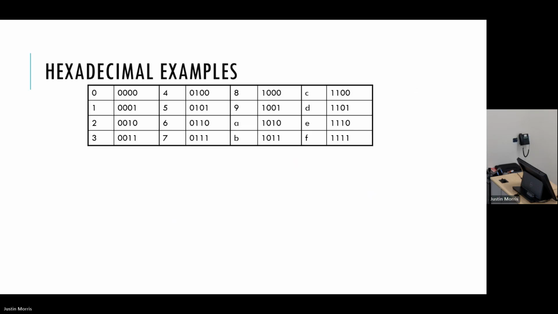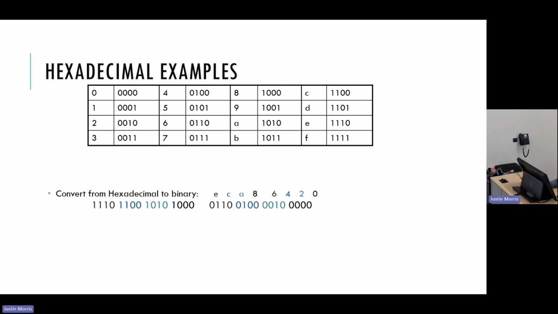So in terms of some examples, we are again going to be using the same principle that we had before, except now our base is 16. So if we want to convert from hexadecimal to binary, we just have to convert each one of these digits individually. So here we have E. The 4 binary digits that make up E are 1110.